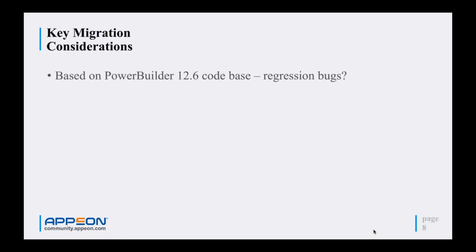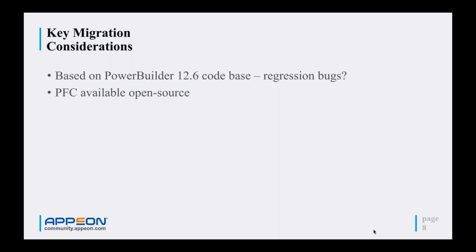We did want to underscore some key migration considerations for you. Yes, PowerBuilder 2017 is built on the version 12.6 code line, but you can migrate directly to version 2017 from very early versions, from PowerBuilder 5 and before.